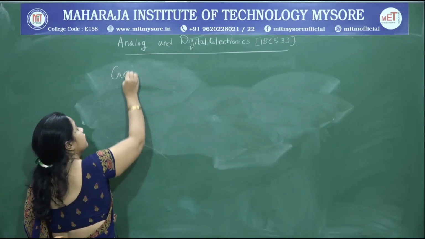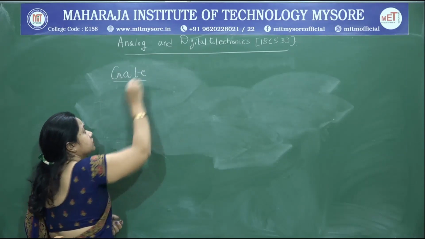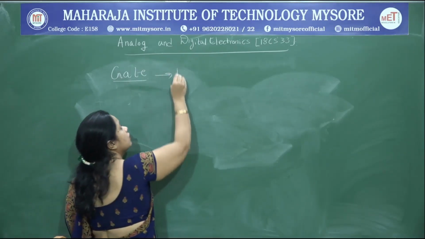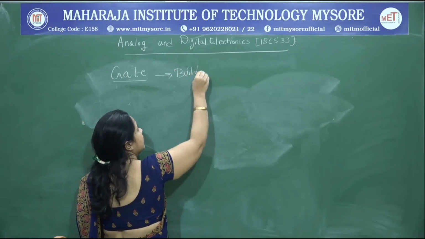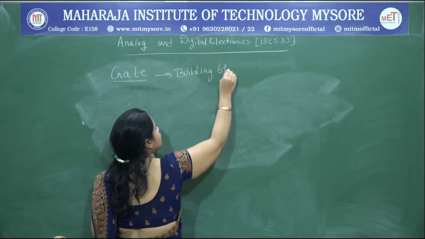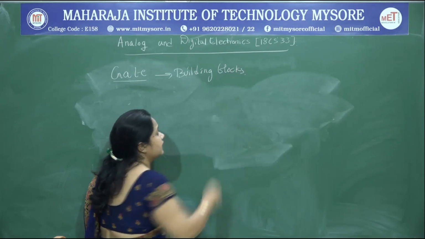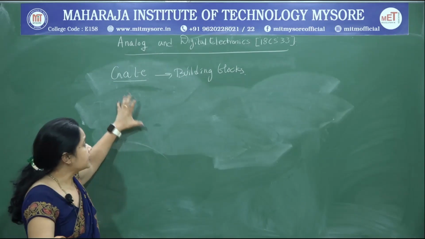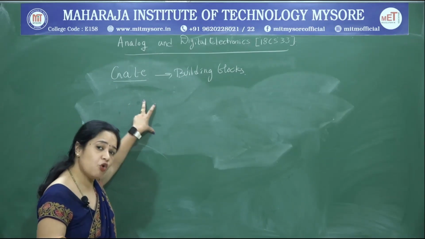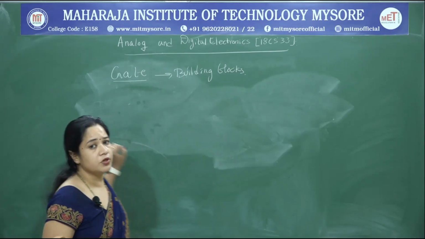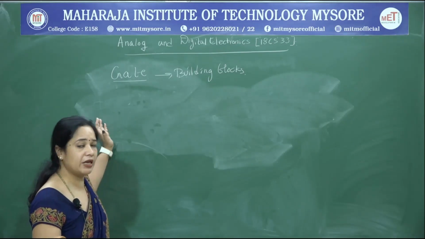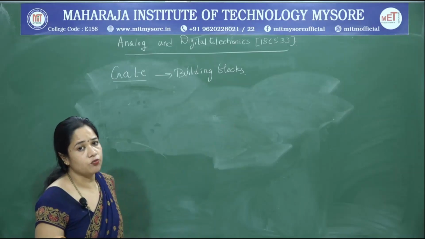The very first term we take is a gate. Gates are the building blocks of digital electronics, and a very broad way of defining a gate is that it has one or more inputs and a single output.